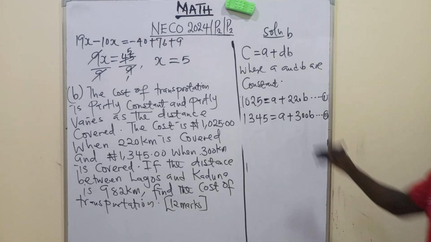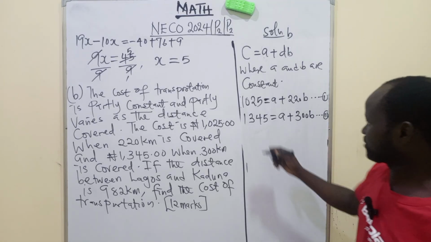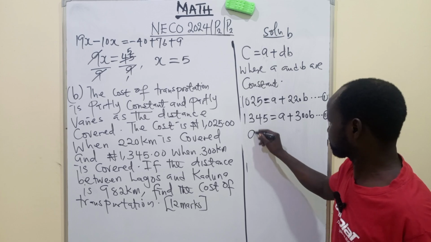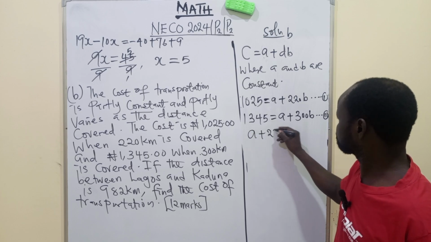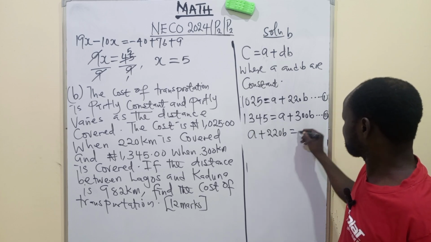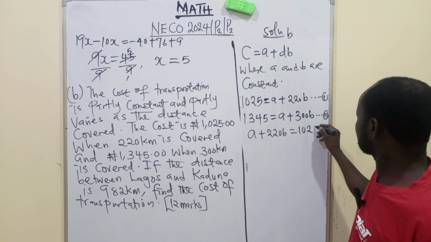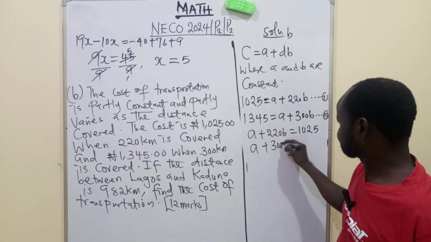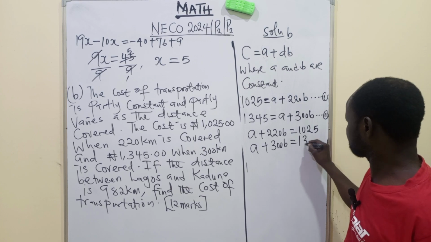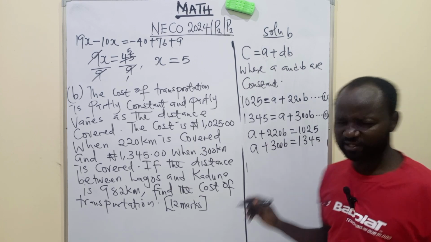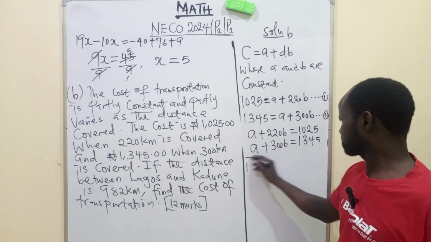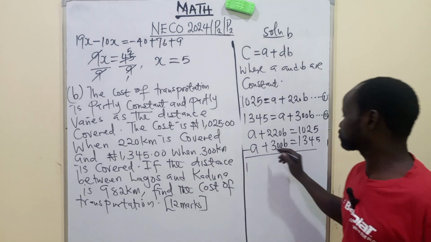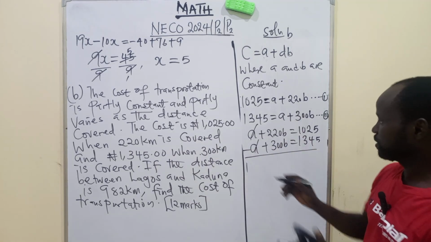So we have to solve for A and B simultaneously. This is a simultaneous equation. Let me rearrange it. A plus 220 B will be equals to 1,025. Then A plus 300 B will be equals to 1,345. Can use elimination method. You can easily eliminate A. Let's subtract equation 2 from equation 1. This will go.